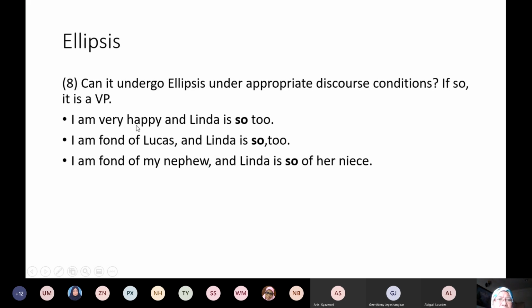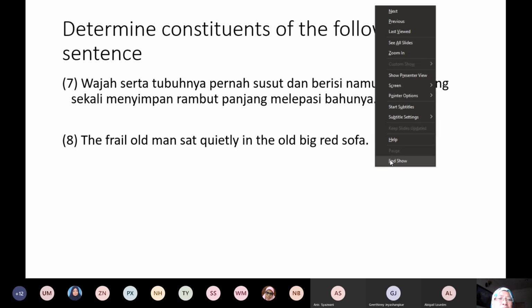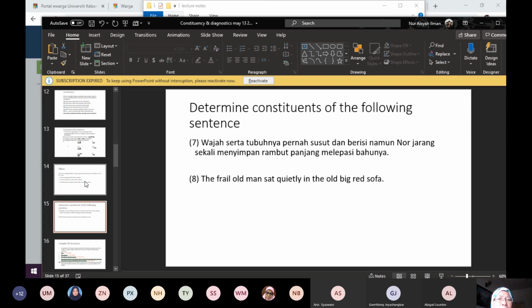Very happy, an adjective phrase. Fond of, fond is adjective. So nanti kita tengok, like we can have a, do I have a verb here? Oh, tak ada. I don't have a verb.